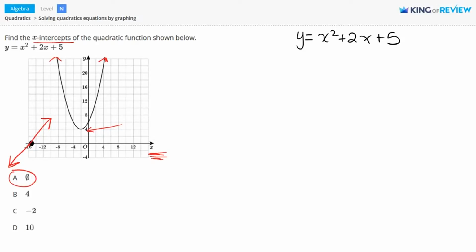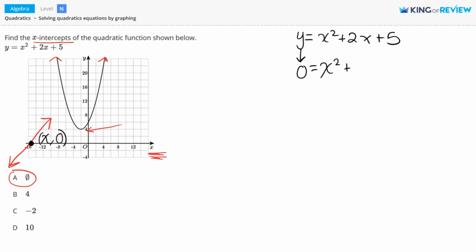The y-coordinate of an x-intercept is 0 because when a graph touches the x-axis, the y value of that point is 0. So this point here, which is the x-intercept, would have some x-coordinate, but the y-coordinate would be 0. So applying that to our equation, we'll set y equal to 0 and solve for x.